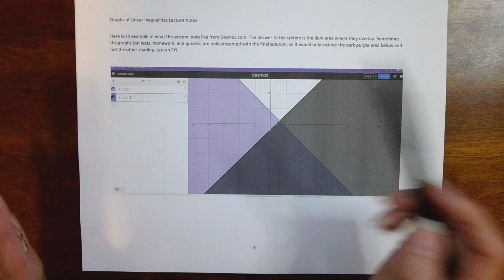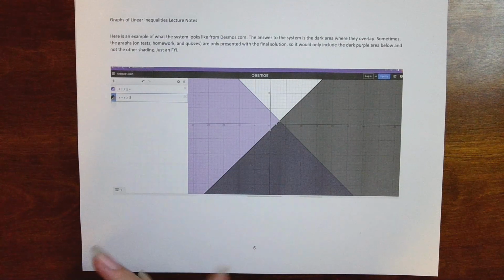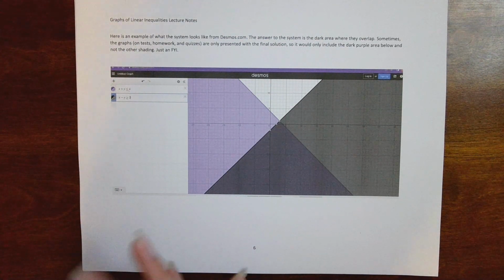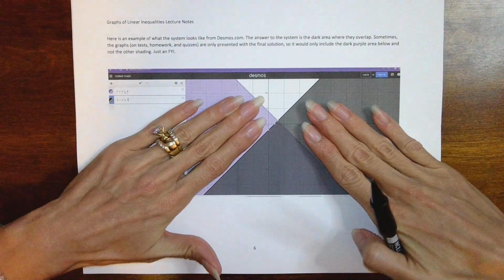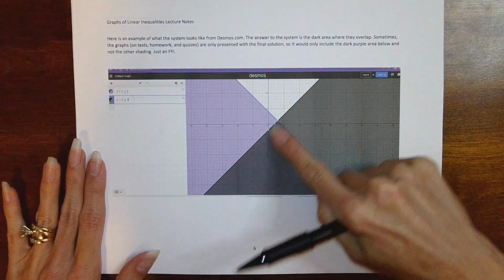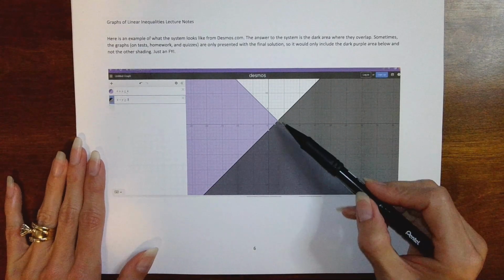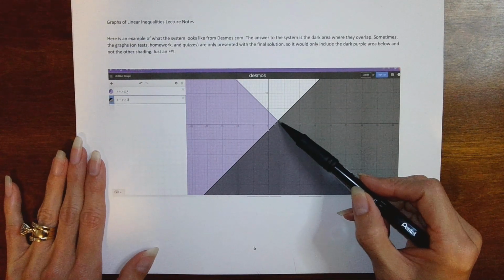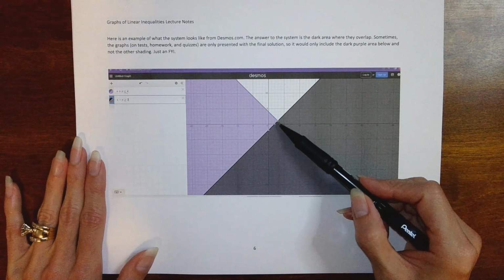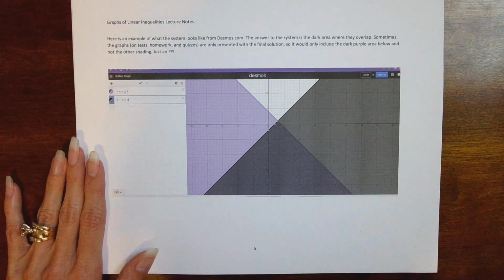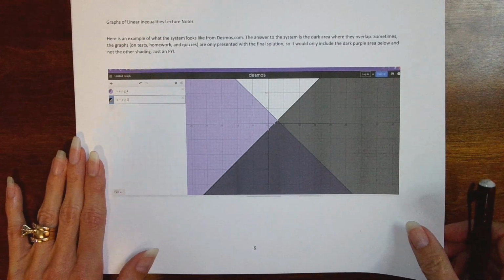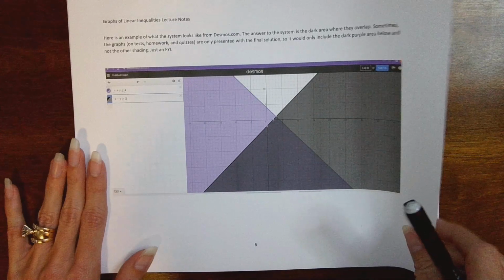On the homeworks and the graphs, we want to know where they overlap. So you would ignore these parts, and this right here would be your answer. And any of these points here on the line, if you need to know what it is, all you have to do is click on that, and Desmos will give you the coordinates. Desmos should be your best friend.